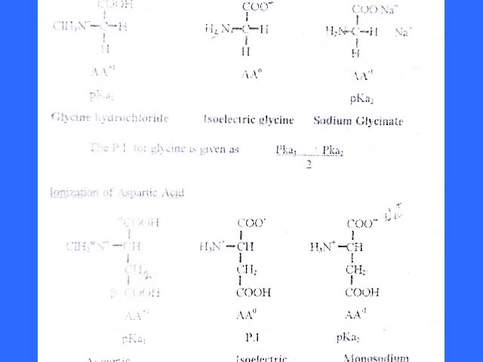In an electrophoretic system, amino acids migrate to the pole of opposite charge to that of the ionic species in solution. Since amino acids have both amino and carboxyl groups, they are ampholytes and may be either positively or negatively charged.